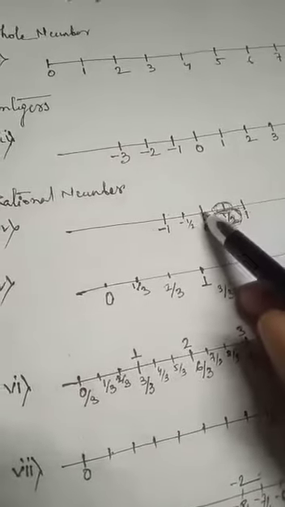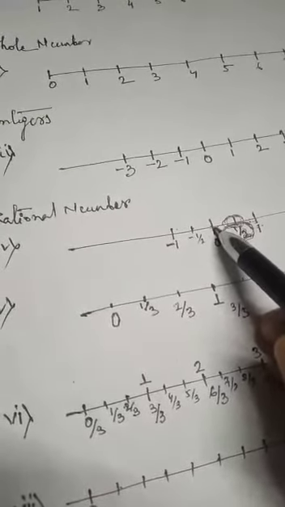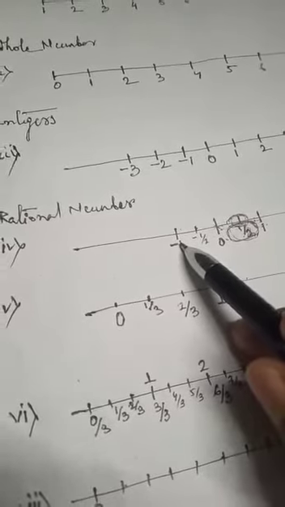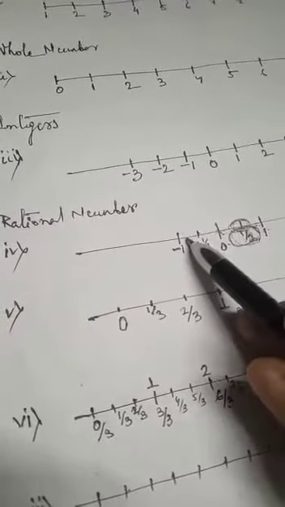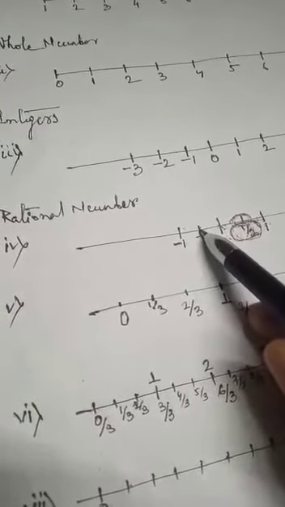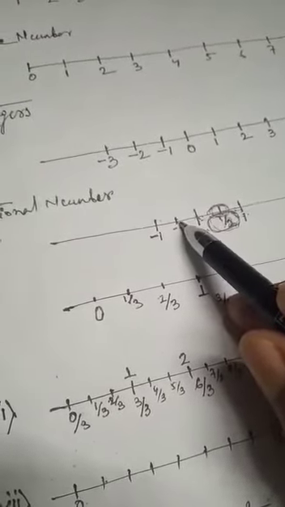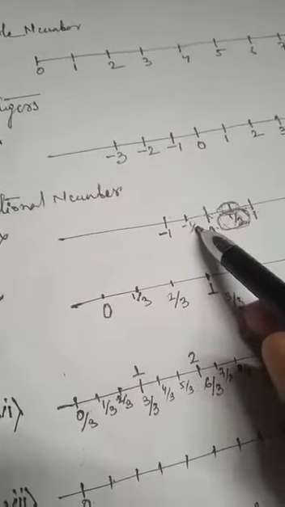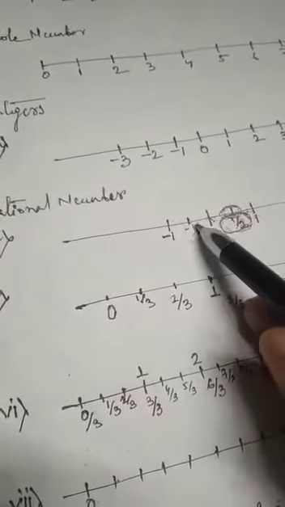Similarly, on the negative side, if we take a distance from 0 to -1 and divide this distance into 2 equal parts, then this point will be the middle point, and we can write it as -1 by 2.